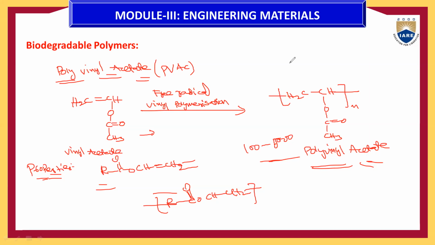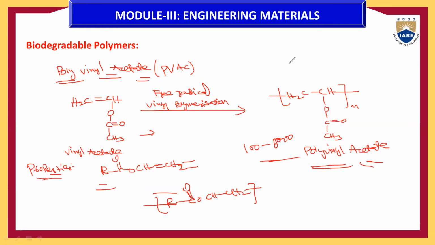These are mainly the properties: a thermoplastic with resistance to UV and oxidation, sunlight, moisture, acid, alkali, etc., and improved flexibility. So these are the properties and applications of polyvinyl esters.